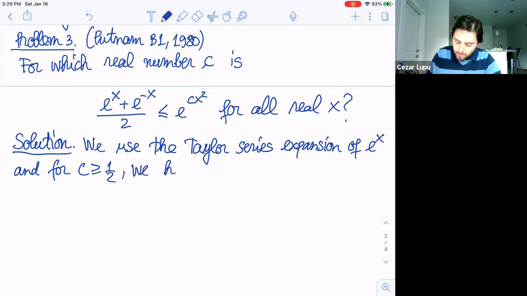We have that, and I'm going to write it in this way: e to the x plus e to the negative x, everything over 2, right? Now I'm going to expand in Taylor series, both of them. And once I expand, all the odd terms will just vanish.